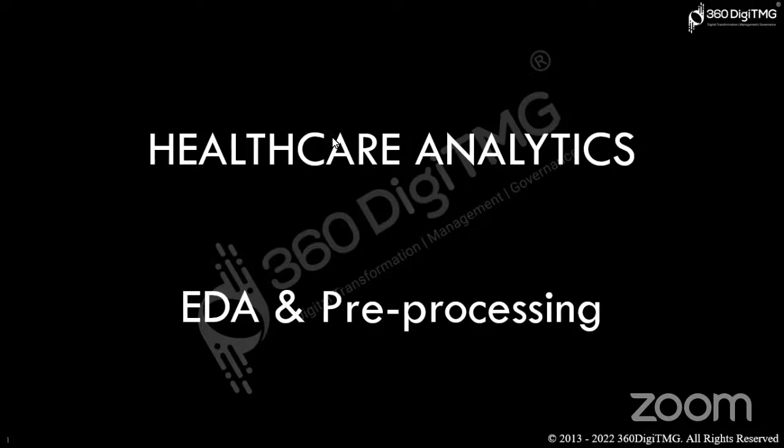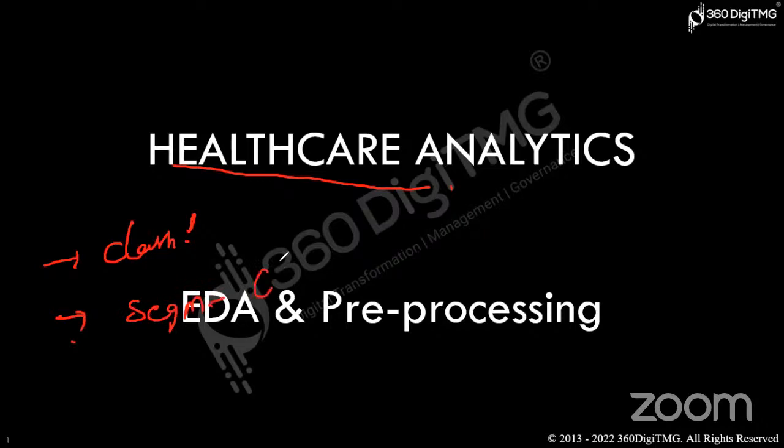In the last session, on the very first day, we discussed machine learning applications in healthcare: where exactly we can make improvements using machine learning, like classification, segmentation, or clustering. How can we implement machine learning for automation?